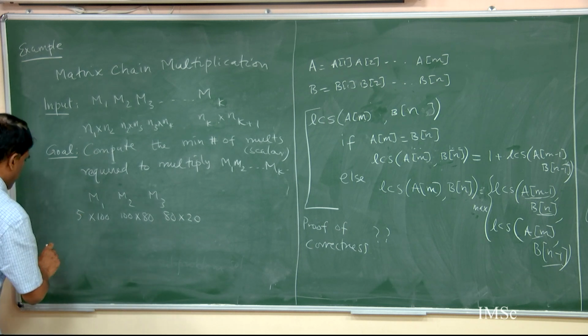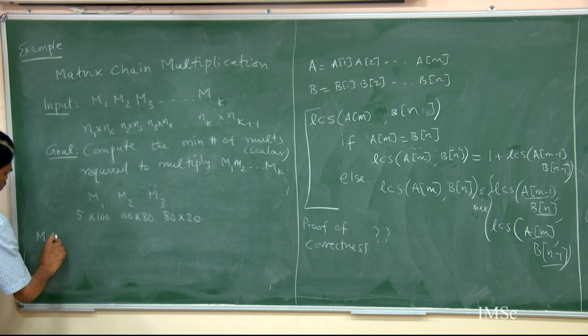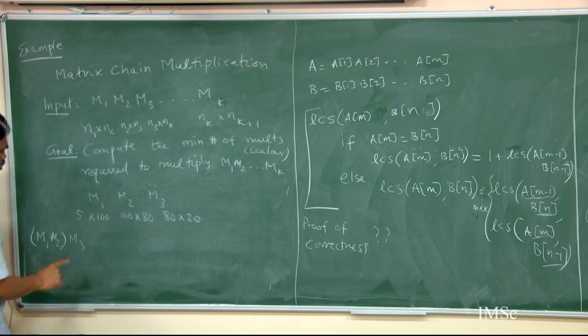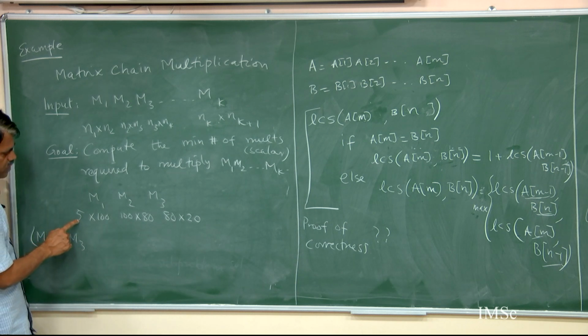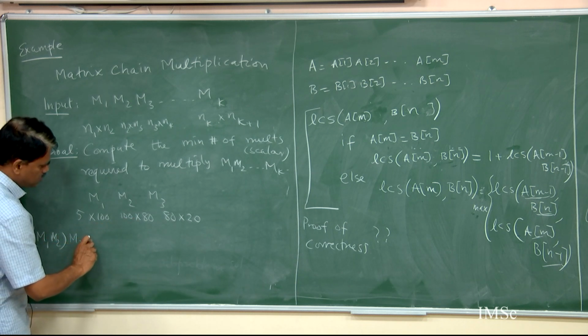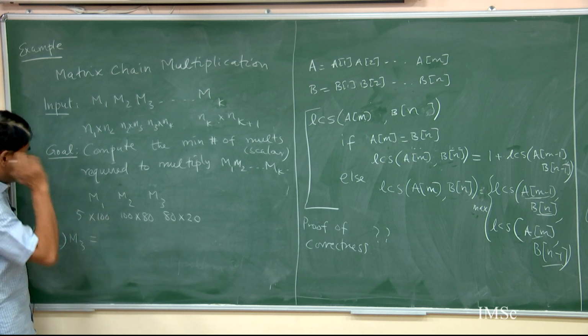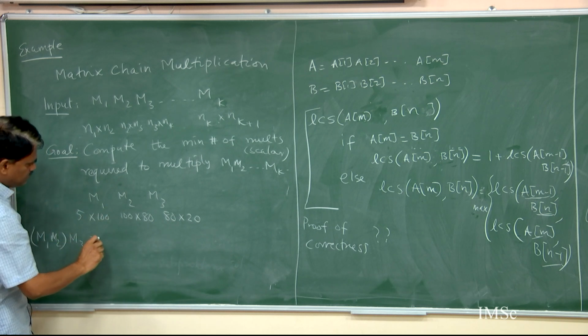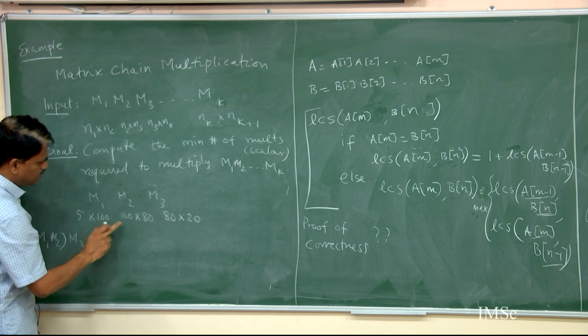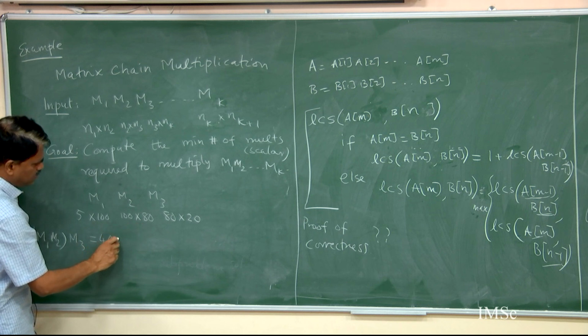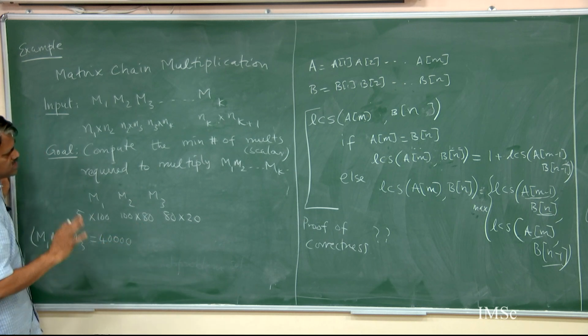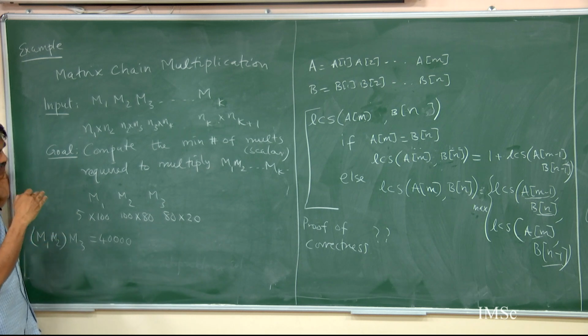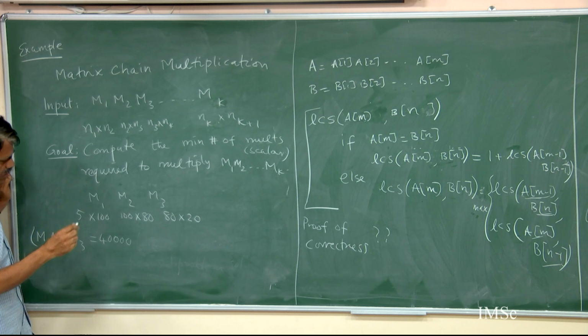So, if I do (M1 into M2) into M3, how many multiplications do I do? M1 into M2 takes 5 into 100 into 80. Let us say I use the standard high school multiplication. I am not doing anything fancy, no Strassen kind of multiplications.